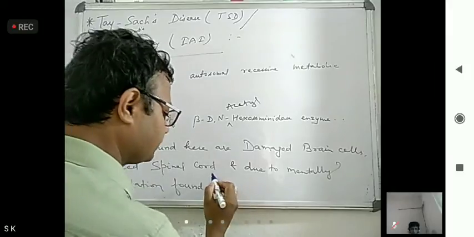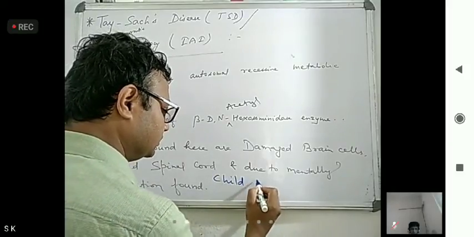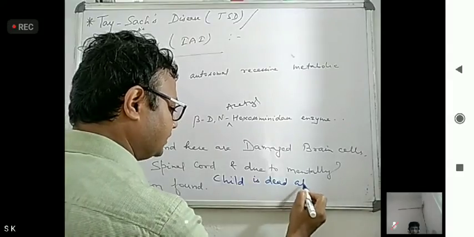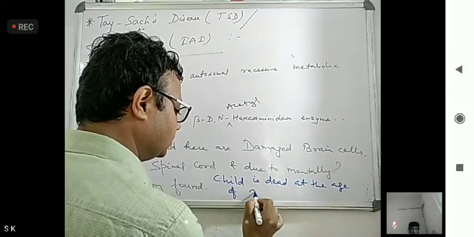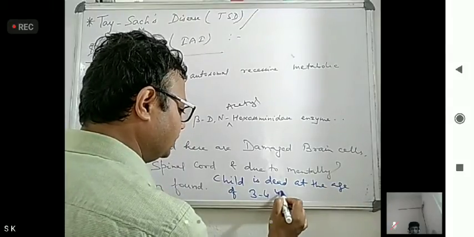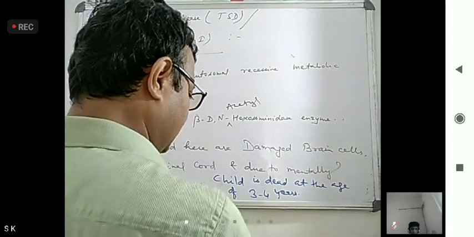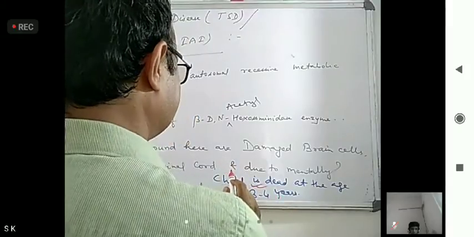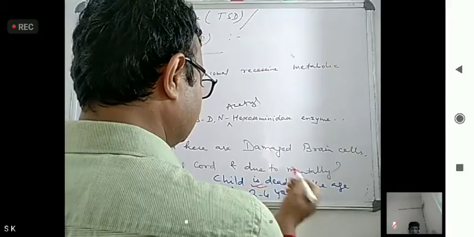So child is dead at the age of 3 to 4 years. This you have to remember, at which age this disease, Tay-Sachs disease or infantile amaurotic idiocy happens.